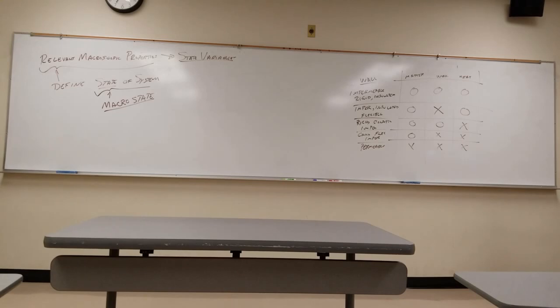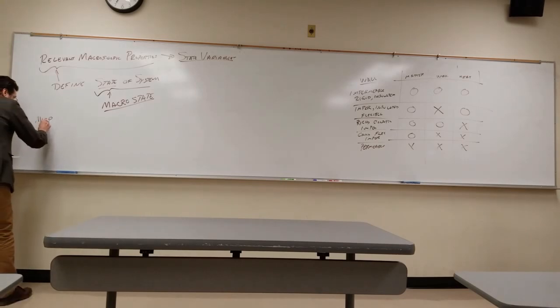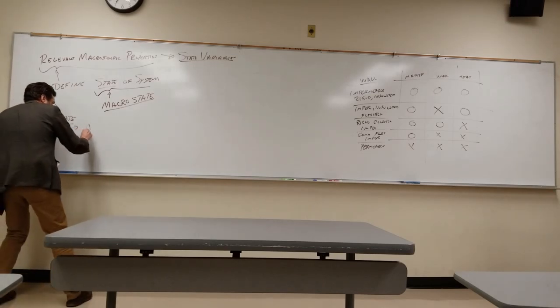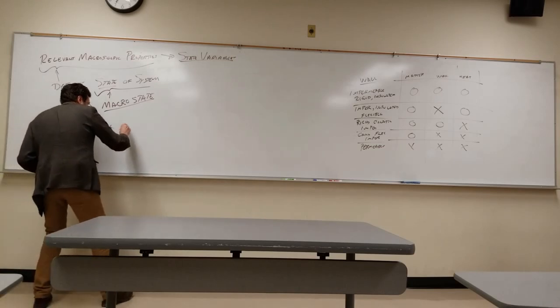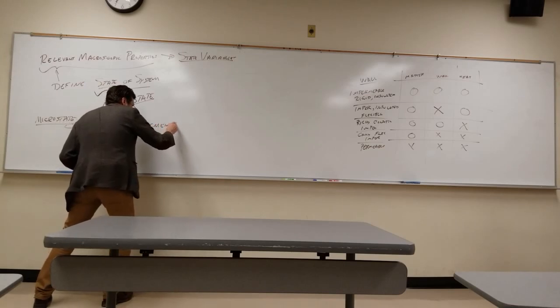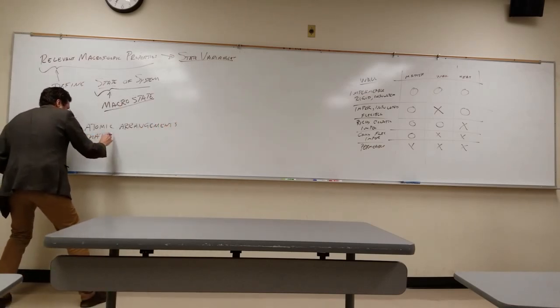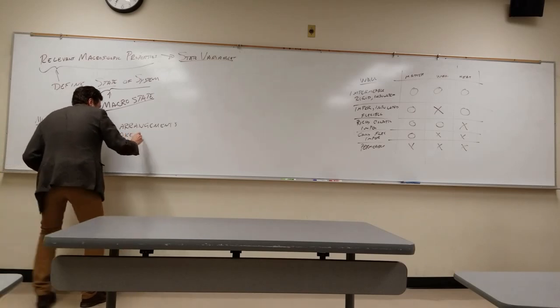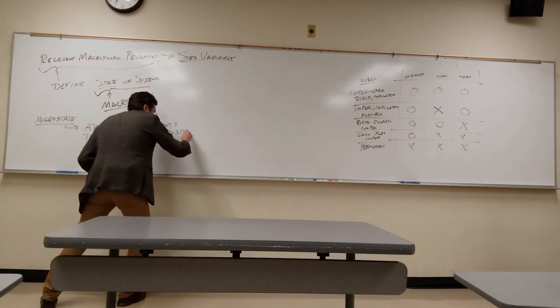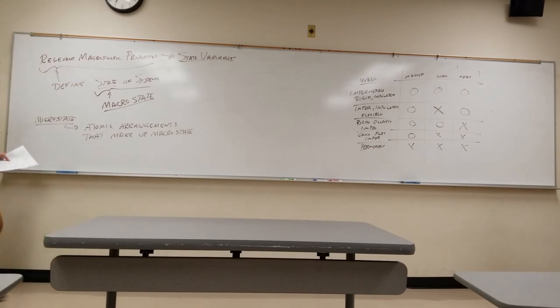There is also a microstate. Now, the microstate's important, and we're going to talk about that later in this class. The microstate is the atomic arrangement that makes up the macrostate. It's basically how the atoms arrange themselves to give us a certain macrostate.